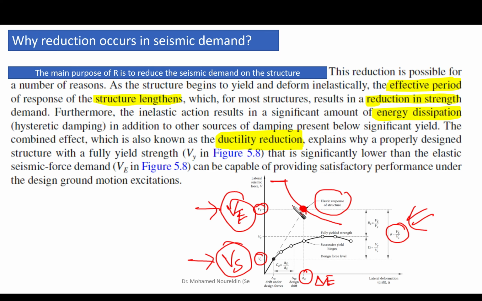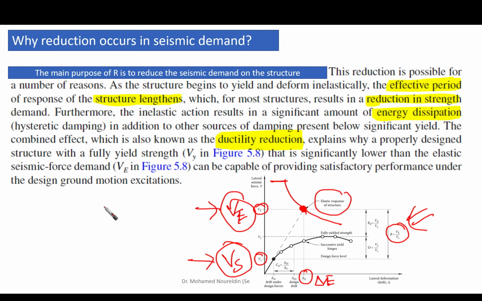Why do we need to reduce? What is the main reason? Let's read here. This reduction is possible for a number of reasons. The force that is coming from the earthquake needs to be reduced because the system is going to change during the earthquake. There are two main things.